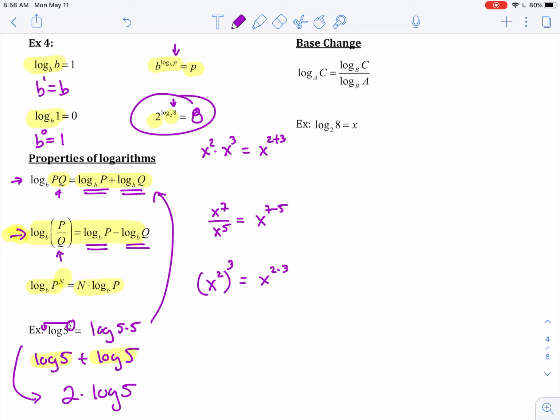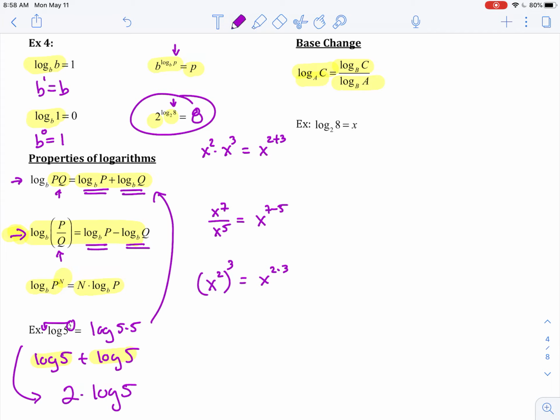Anytime you have the log of C base A and want to switch base A to a different base, that is equivalent to the log of C to that new base, base B, divided by the log of that original base, the log of A, base B.